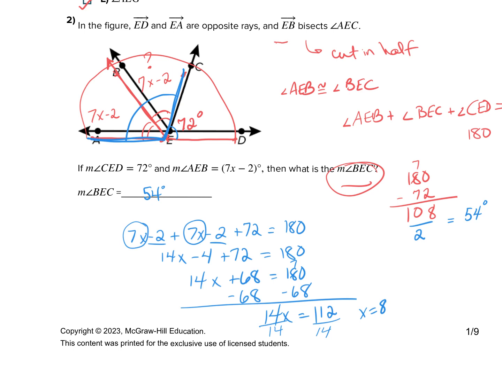So to find the measure of angle BEC, I need to plug into 7x minus 2, make x 8, because we know x is 8, and 7 times 8 is 56, my bad, minus 2, which is what gives me 54.